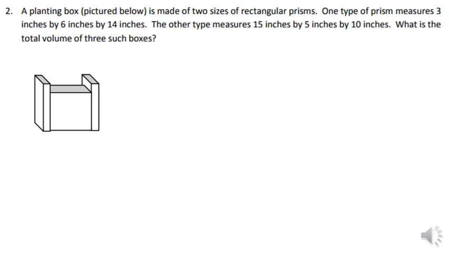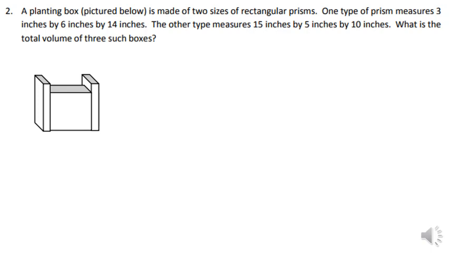Well, one thing I can see right now is looking at the 2 measurements. I have a 3 inch by 6 inch by 14 inch. Okay. So I know that the one with 2 is going to have to be the ones with a larger measurement. Okay.